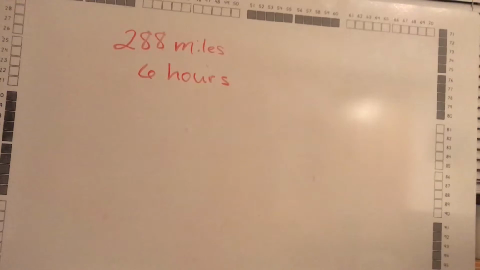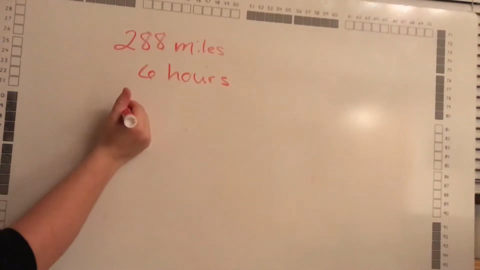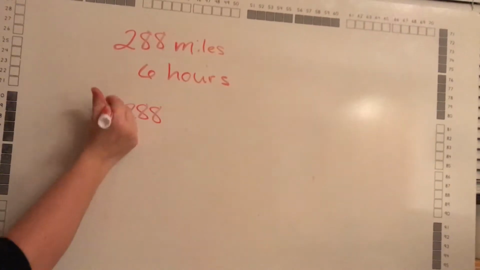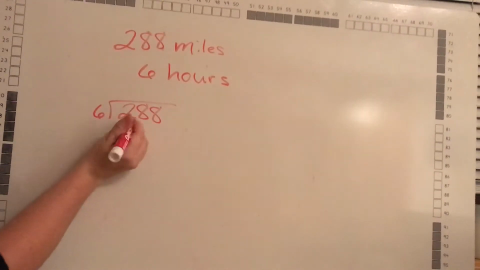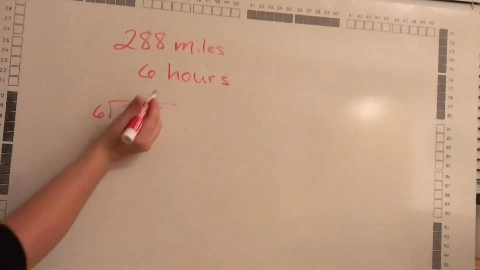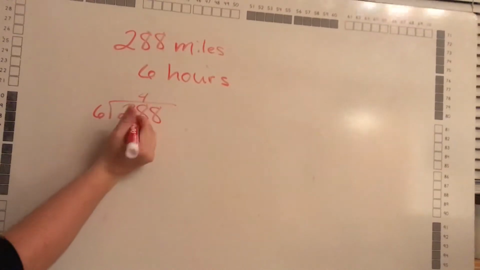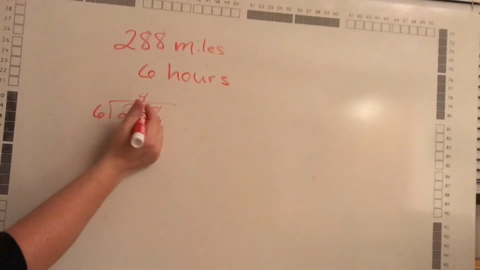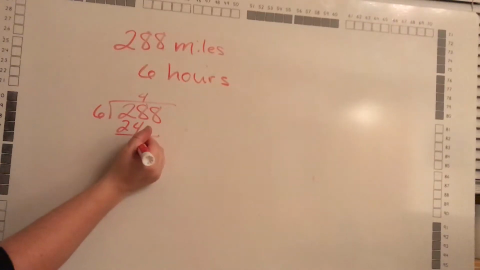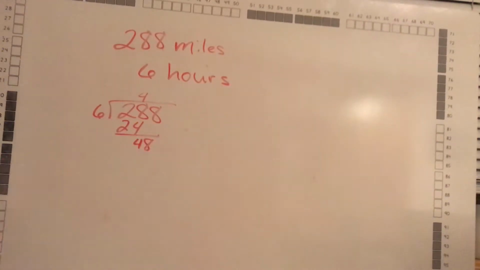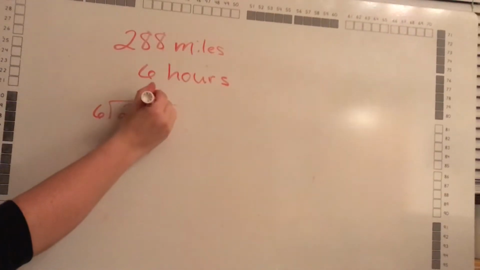So we'll figure out how fast they have to drive, and we'll take 288 divided by 6, and that gives us 24. 8 minus 4 is 48, and 6 goes into 48 8 times.